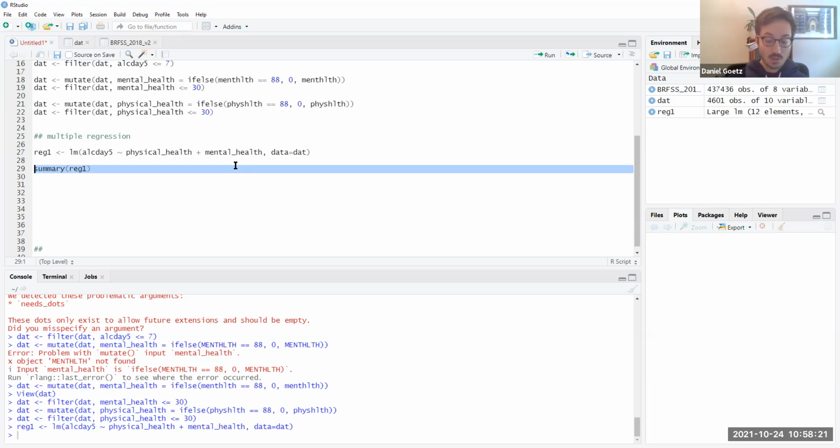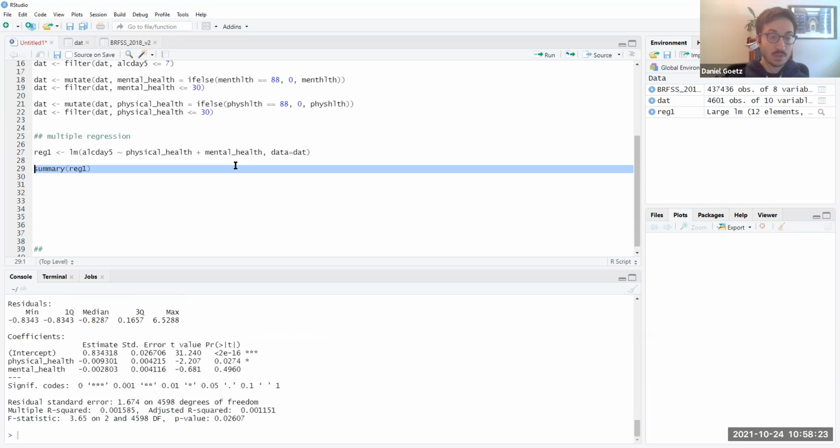They only change the standard errors of those coefficients. So we take a look and here's what we see. Here's our intercept, number of days on average in the past week. Okay, we'll come back to that.